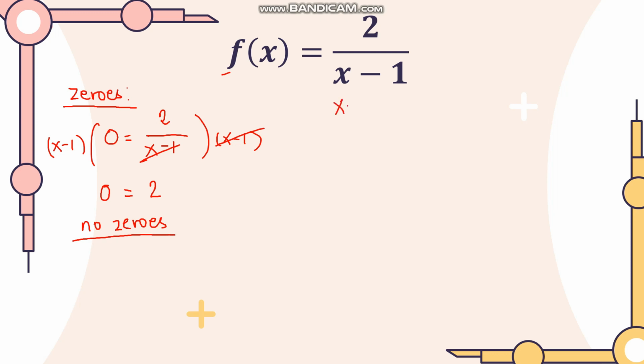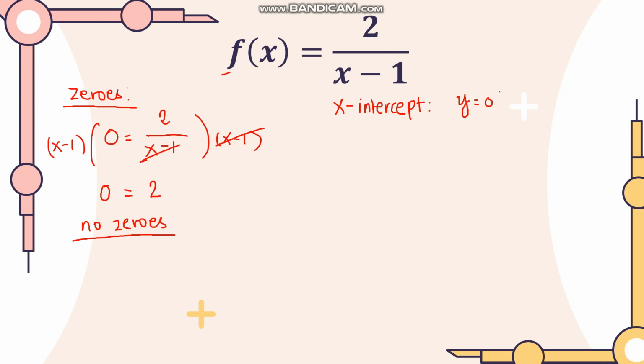Now for the x-intercept, we know that this is where the graph touches our x-axis. And if a point is at the x-axis, that means the y value or the y coordinate is equal to 0. So in order for us to solve for the x-intercept, we just have to set the value of y, which is 0, or our f of x equal to 0, because they're just the same.